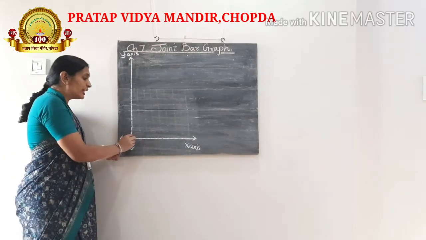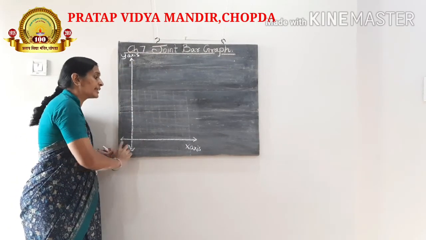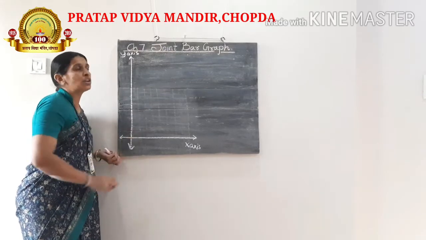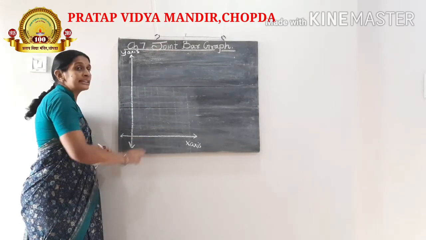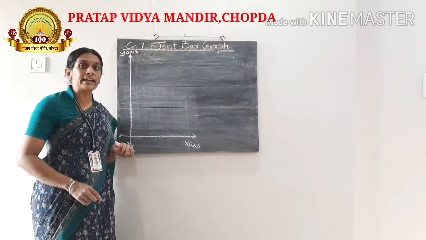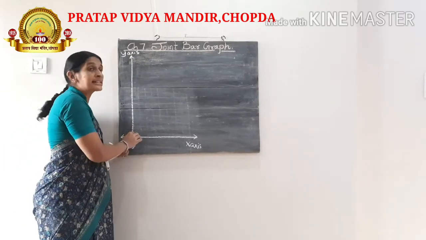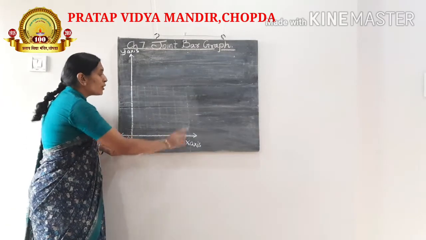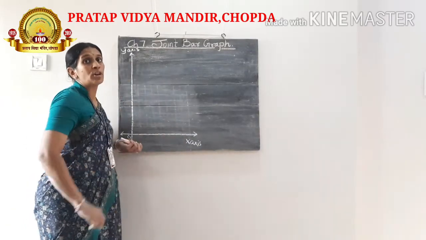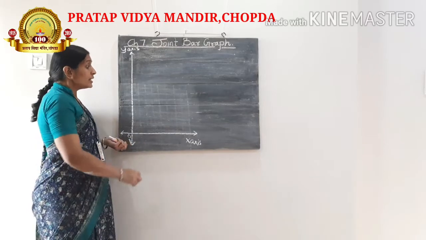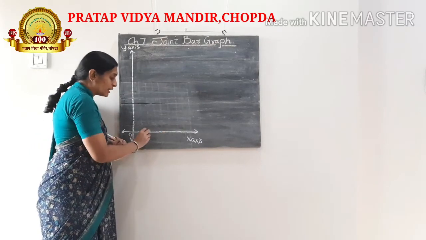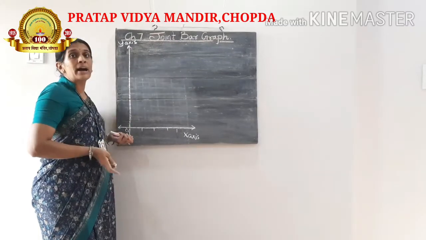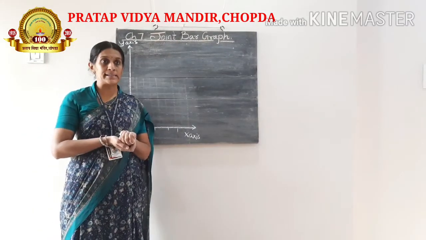The point of intersection of the y-axis and x-axis, which are perpendicular to each other at a 90-degree angle, is called the origin of the graph. The zero marking of both the axes starts from this point. The things which are to be shown are marked here, and the scores are marked on the y-axis.